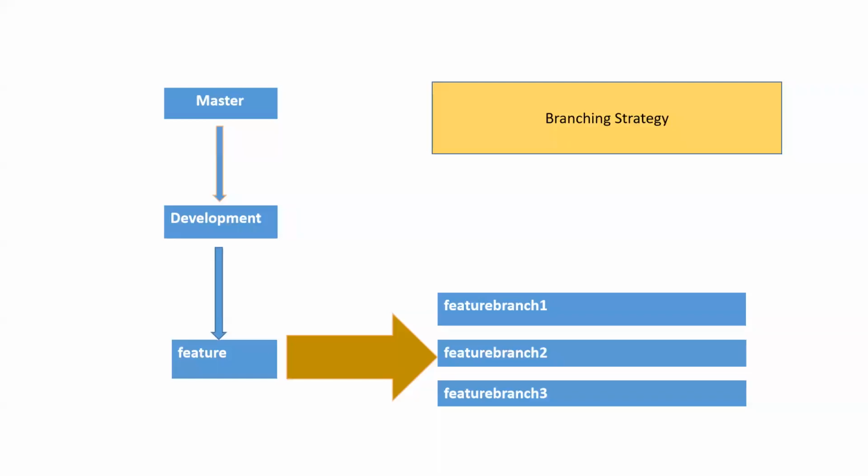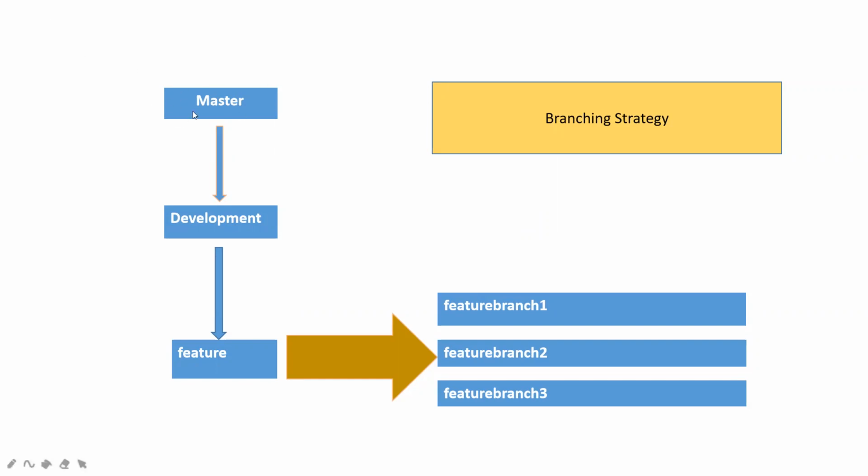This is a simple branching strategy that I have taken as an example. Probably you can follow the same thing in your company if possible. In your project, you have a GitHub repository. The repository will always have the main origin branch, the master branch.